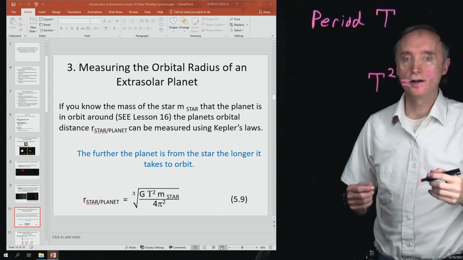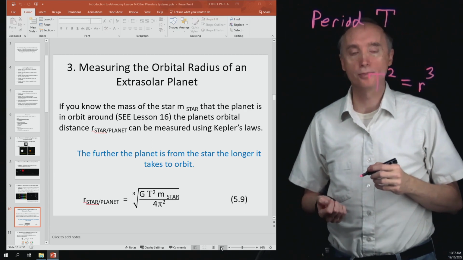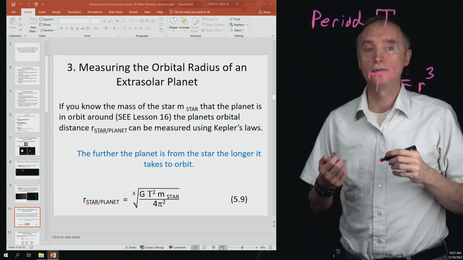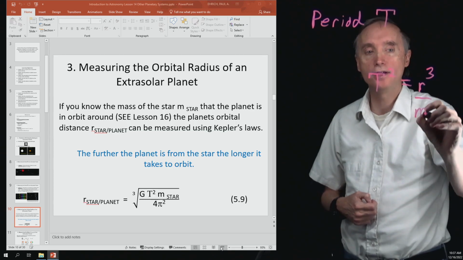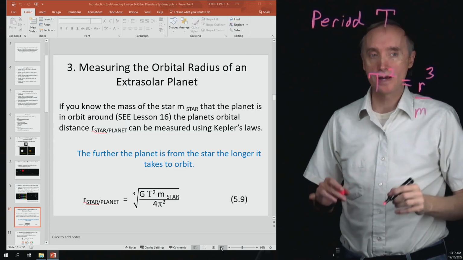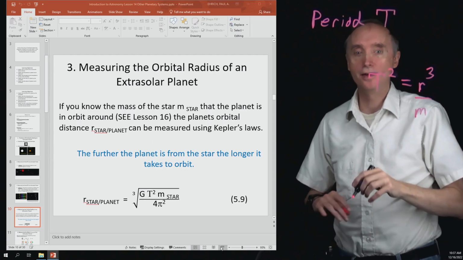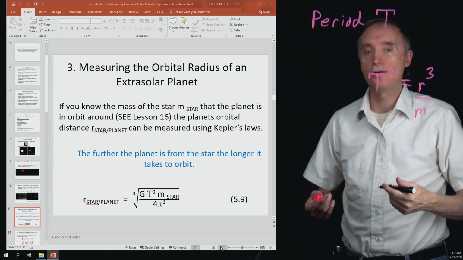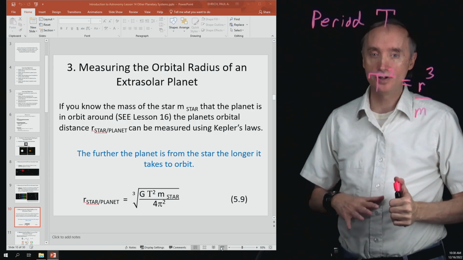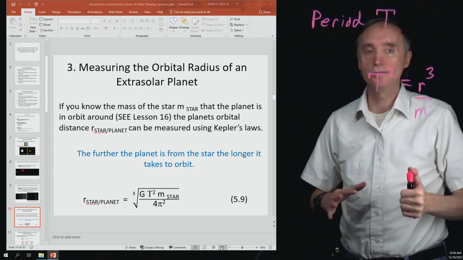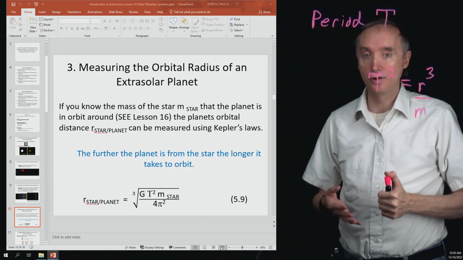But then along comes Sir Isaac Newton, and he modified the formula to account for the mass, and so his formula had the mass of the star plus the mass of the planet in the fraction there. And then later they figured out what the fundamental constant of gravity was, so that was big G. So we finally came up with a formula for Kepler's third law.